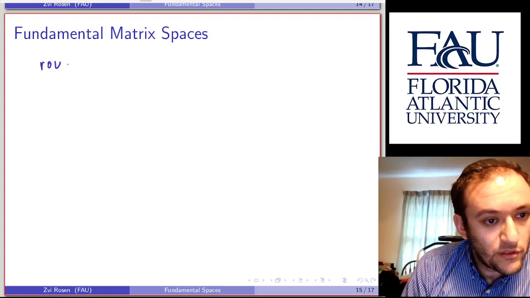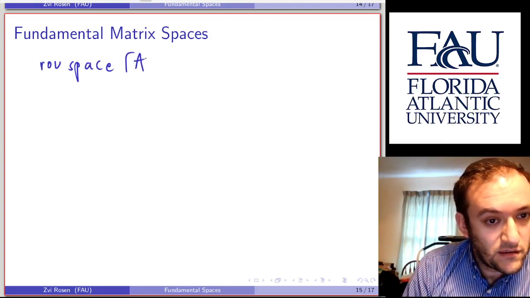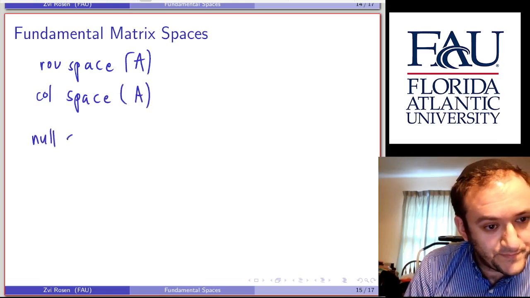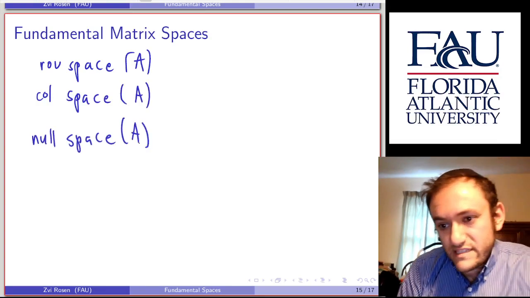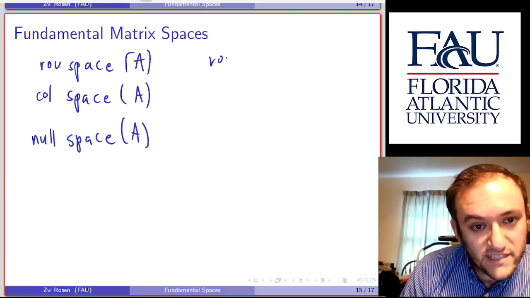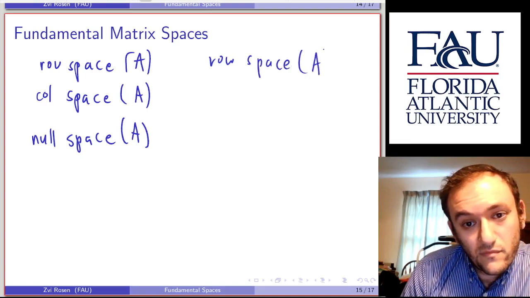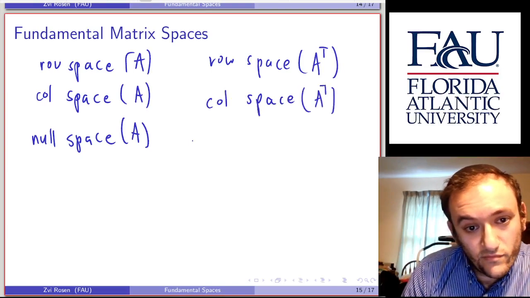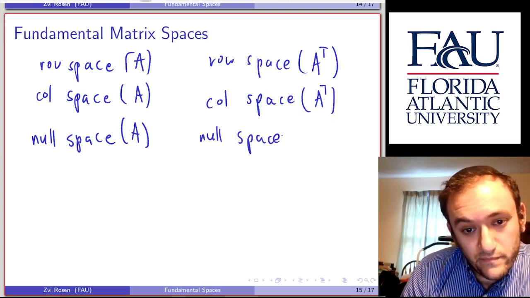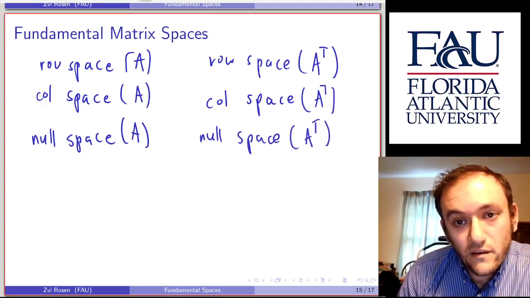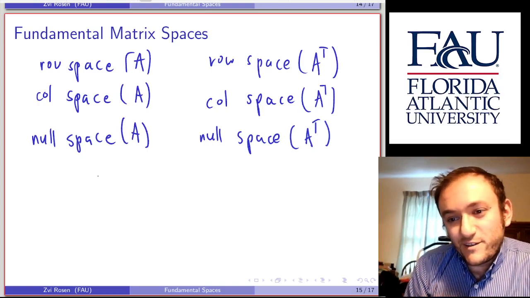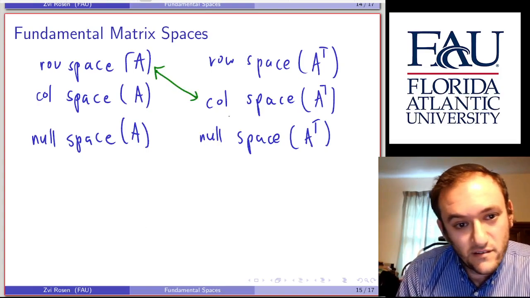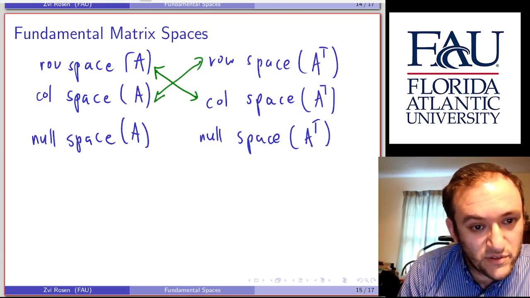The row space of A is an important matrix space, as is the column space of A and the null space of A. But there's another natural set of things to consider, which are the row space of the transpose of A, the column space of the transpose of A, and the null space of the transpose of A. Something that takes very little logical steps to see is that the row space of A is the same as the column space of A transpose, and the column space of A is the same as the row space of A transpose.